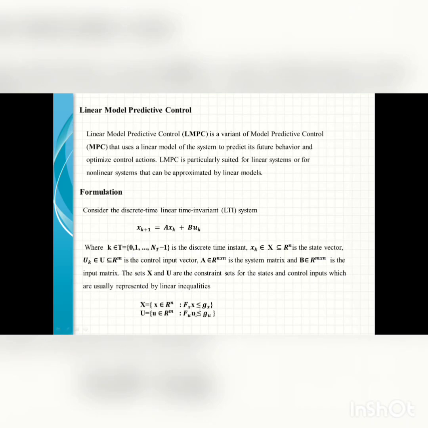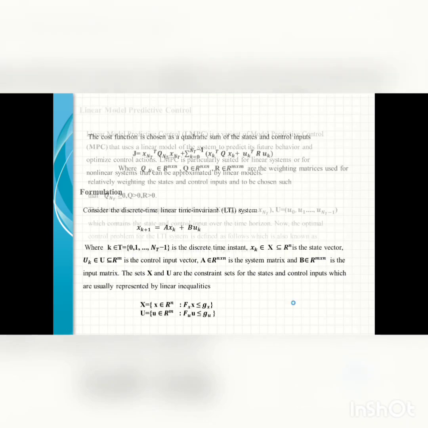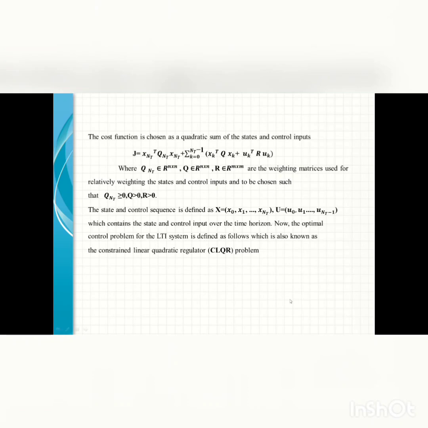These are the constraints. These are the state variable, and this is the control input. A is the system matrix, and B is the input matrix, for u of k.